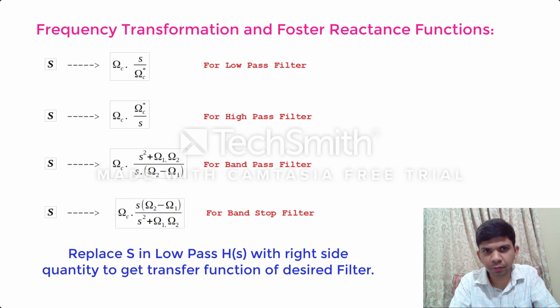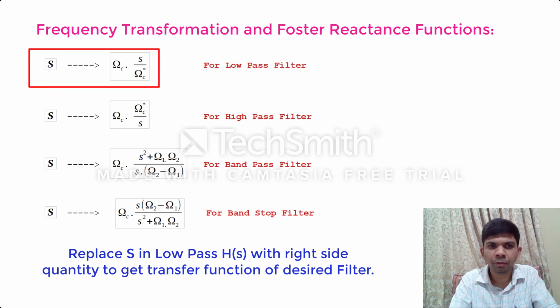Applying the frequency transformation is very easy. It needs knowledge of certain equations only. For example, if I want to design a low pass filter with frequency other than 1 radian per second, then I need to replace the variable s in the transfer function of the normalized low pass filter with the quantity written on the right hand side of the first relation, that is omega c into s divided by omega c star.